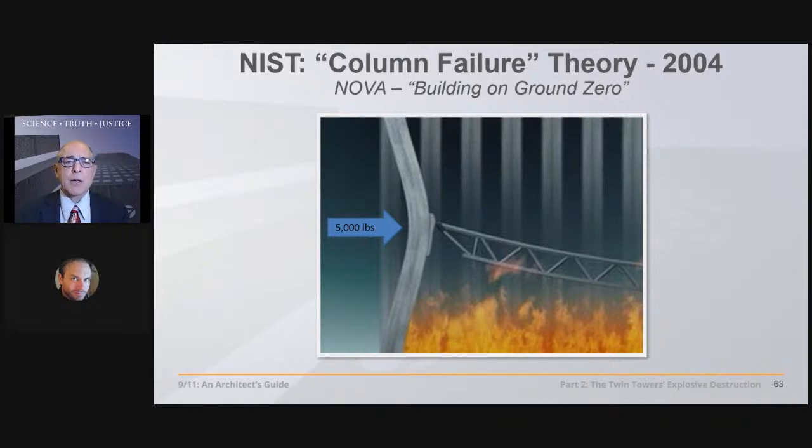NIST imposed an artificial 5,000-pound load on every connection point of the columns to the trusses. And they therefore forced in their computer model the failure of all the columns. And then this caused in their computer model the failure of the entire structure, which we'll look at in some detail.